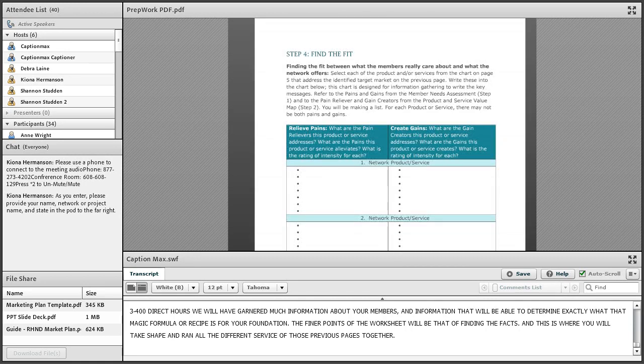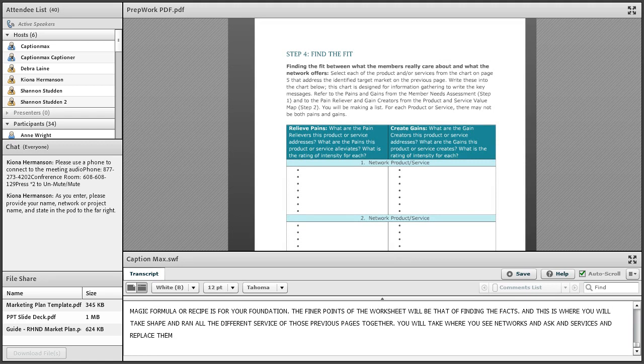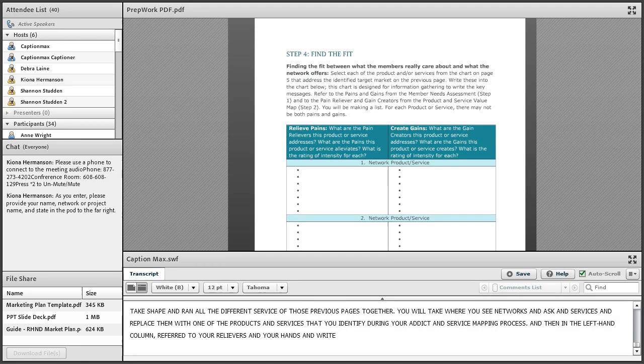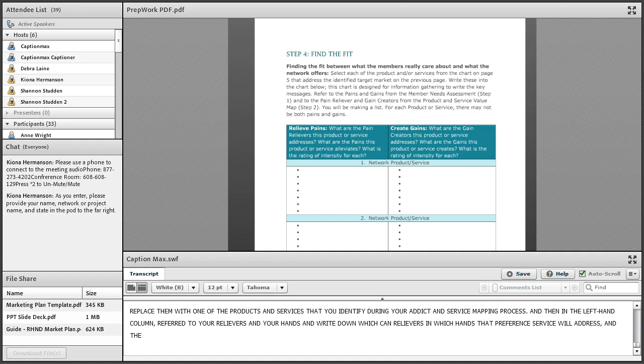The final piece of the worksheet will be that of finding the fit. And this is where you will combine all of the different pieces of those previous pages together. You will list where you see network products and services, replace it with one of those products and services that you identified during your product and service value mapping process.